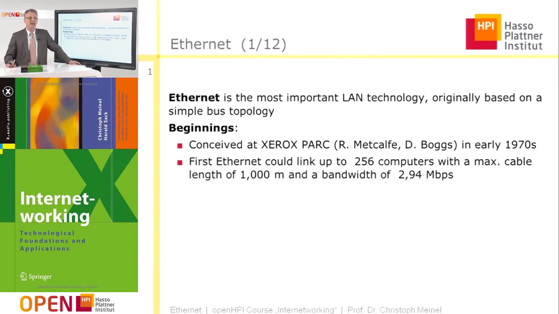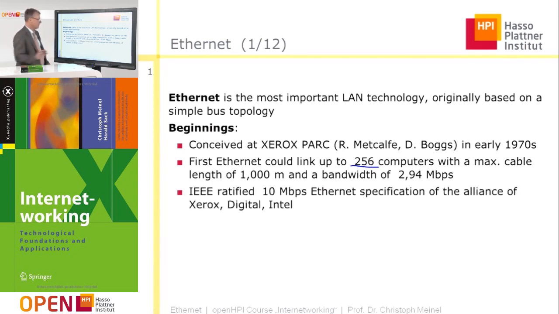institutes in California. The first Ethernet could link up to a maximum of 256 computers with a maximal cable length of 1,000 meters and a bandwidth of 2.94 megabits per second.